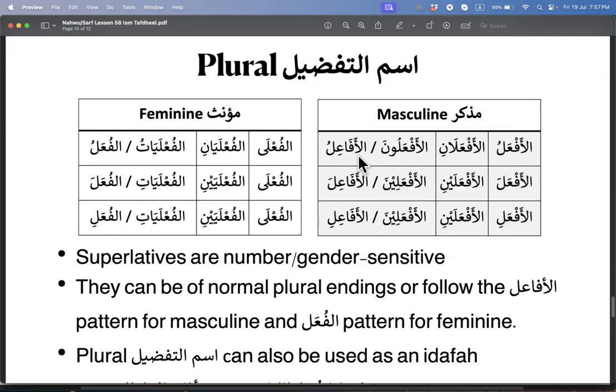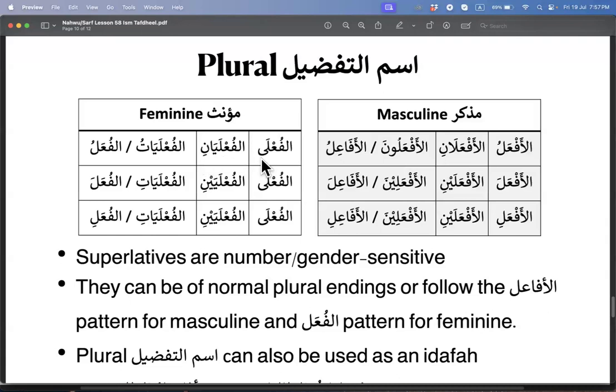And then for the feminine, the muannas version, we started with kubra. Al-fu'la, because of the alif ending, it's going to be the same for rafa, nasab, and jar. And as you do for your nakis, when you have an ending with alif, the dual version is al-fu'layani.